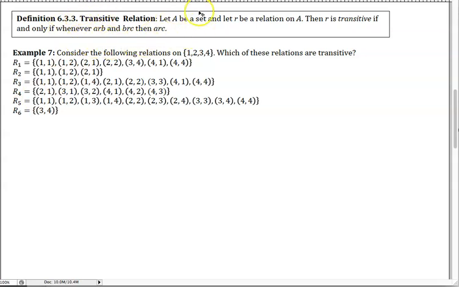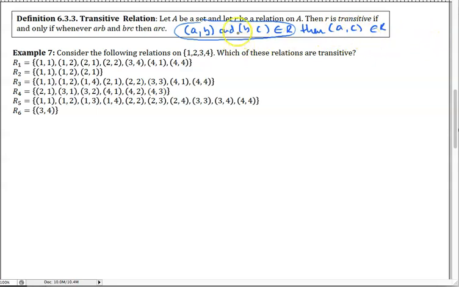Let's look at a transitive relation. This is another property that we're going to define. A transitive relation is a little bit like a chain rule kind of relation. R is transitive if and only if whenever (A, B) and (B, C) are in R, then (A, C) is in R. Again, just like with the others, if the premise is false, then the relation is transitive by default.